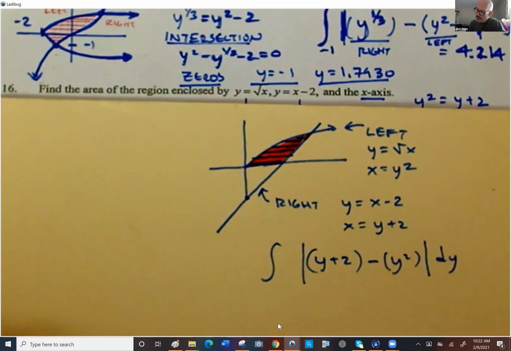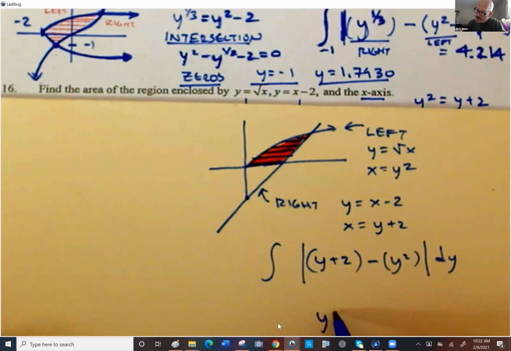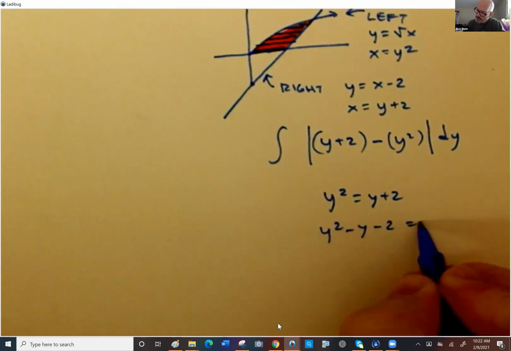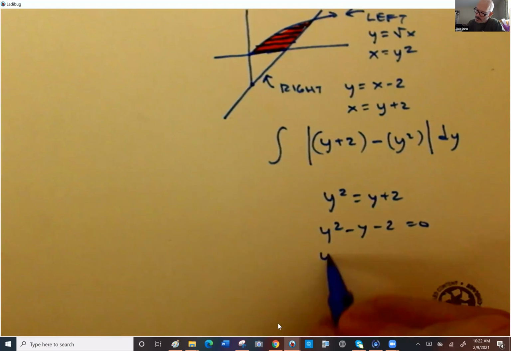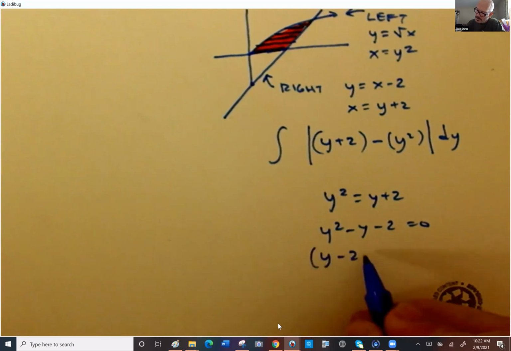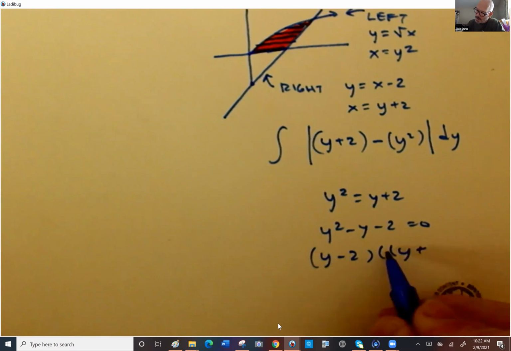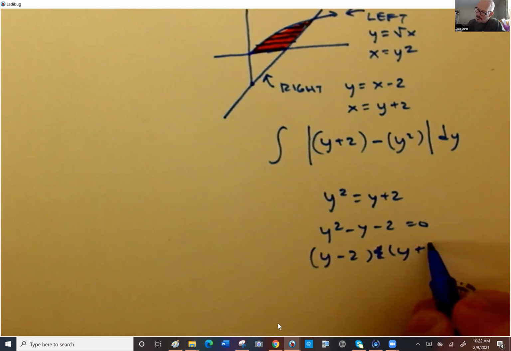And if I set these two guys equal to each other, y squared equals y plus 2, y squared minus y minus 2 would equal 0, or y minus 2 and a y plus 1 would equal 0.